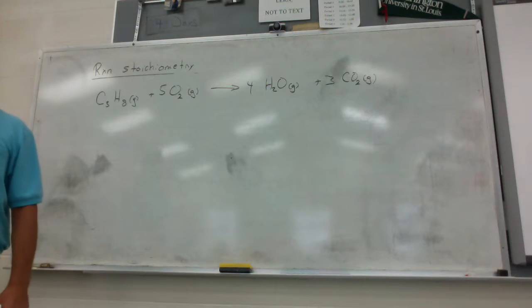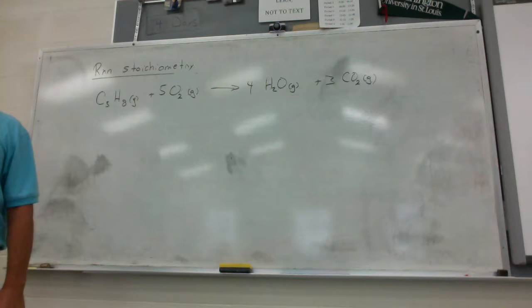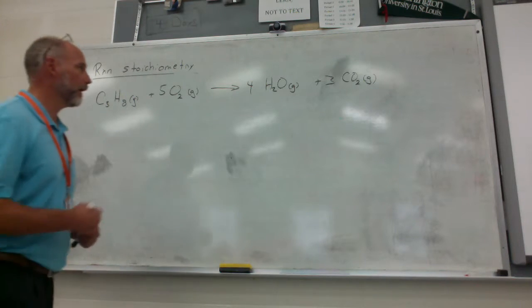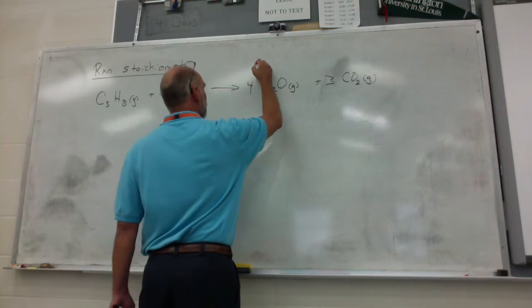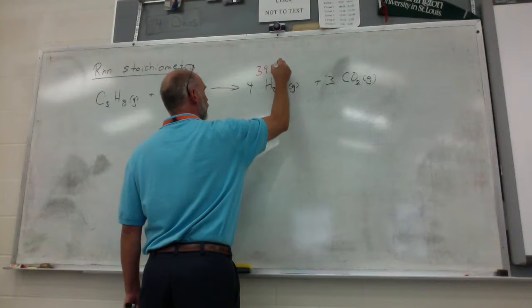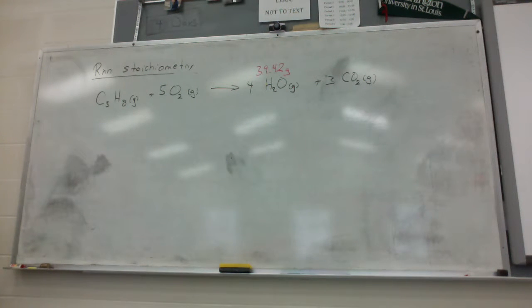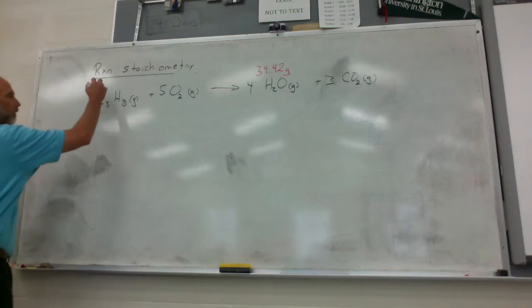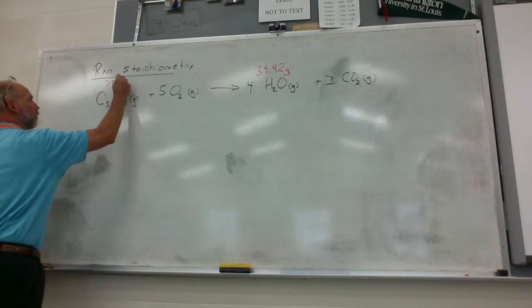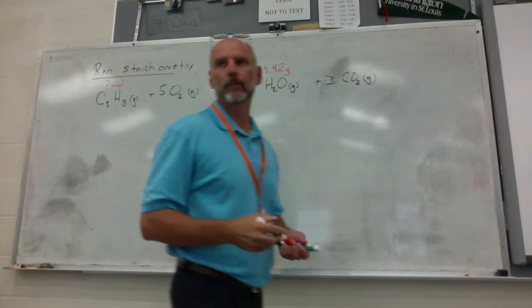Pick a substance. Water. Okay. I didn't know you wanted me to pick one that's already on the board. Pick another one. C3H8, propane. Okay, ready, set, go.